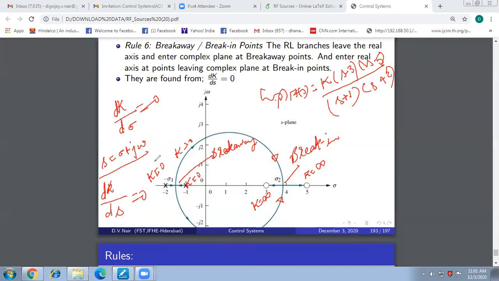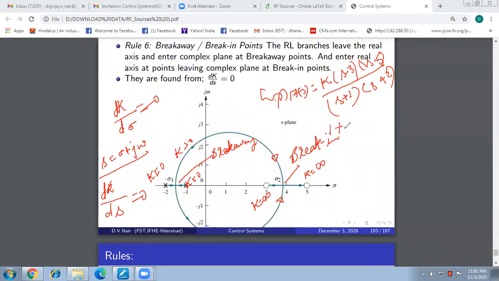Good friends. So can you tell me here what will be this value, friends? Can any one of you quickly do the mathematics? I give you 2 3 minutes to tell me what will be the value of s. Now, where from you will get this equation dk by ds? For that, you have to again base yourself on the characteristic equation.